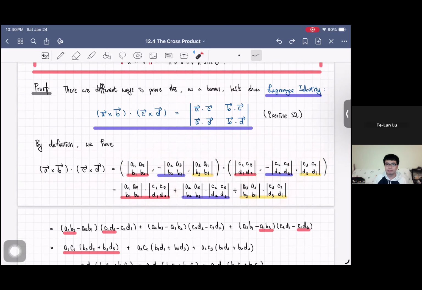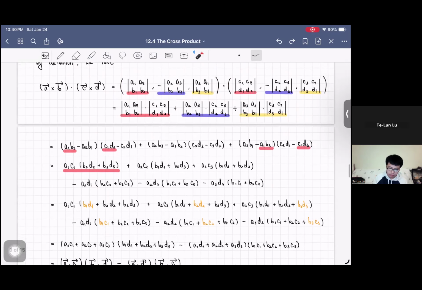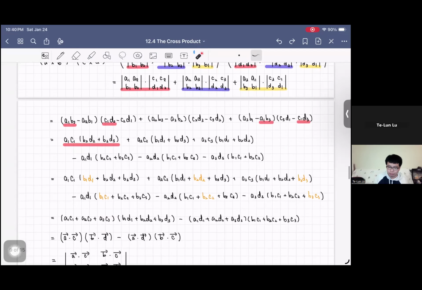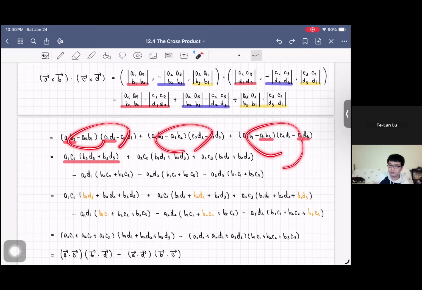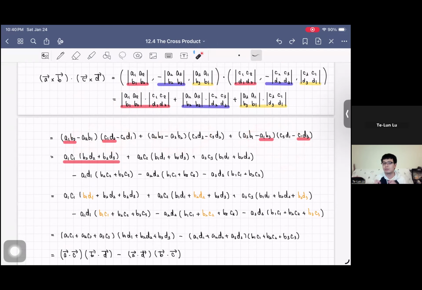In terms of pure numbers, you get A1B2 minus A2B1, C1D2 minus C2D1, and the same holds for every term here. If we fill everything carefully, you see we get 2 times 2, which is 4. There are 3 of them, so 4 times 3, there will be 12 different terms.